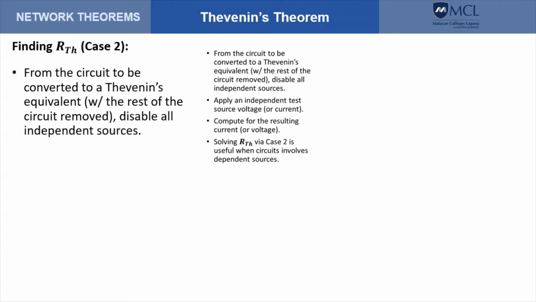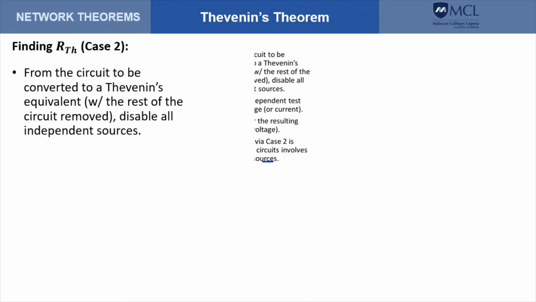Okay. Now we go to the second case in finding RTH. Again, we go back to the circuit that we need to convert. Then we remove or disable all the independent sources. And what we do here is we apply an independent test source across the terminals. So we could either apply an independent voltage source or an independent current source.